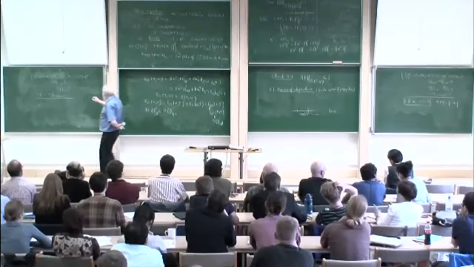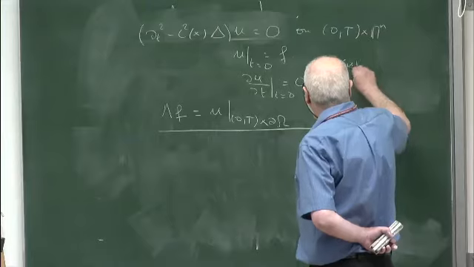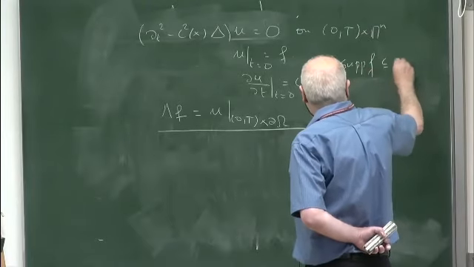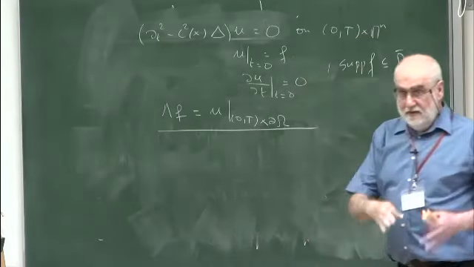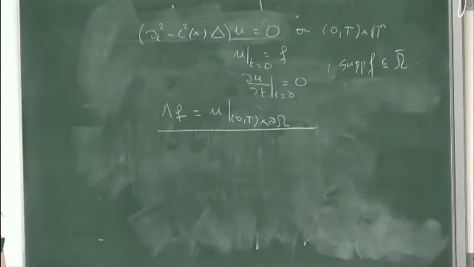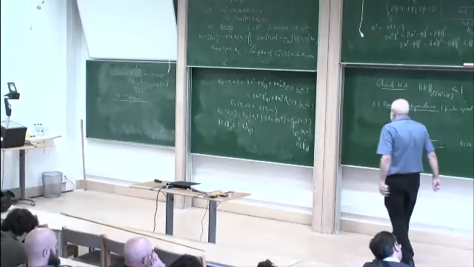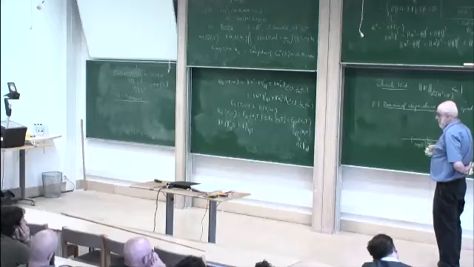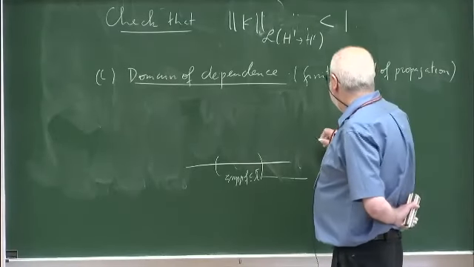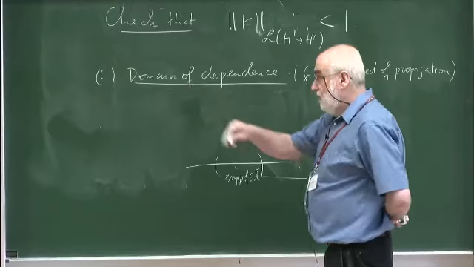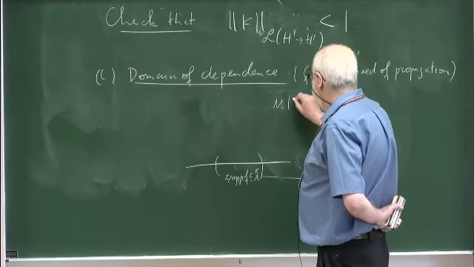I should have reminded you of this from the beginning. Of course, the data that you want is concentrated inside the region where you are going to make the boundary measurements. So you can say, for the solution of that wave equation, what can we say?